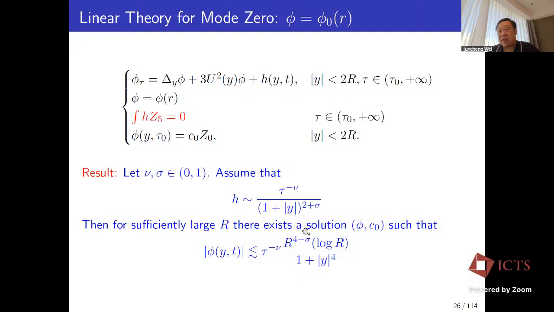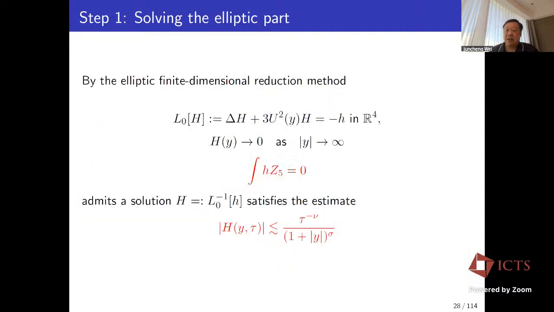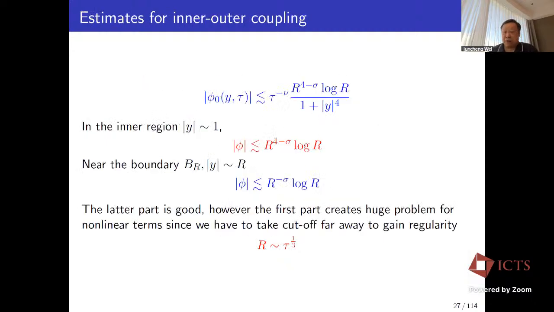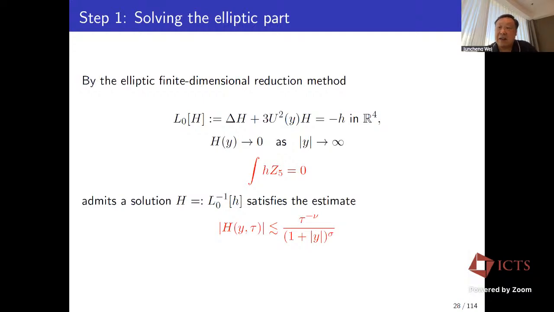The solution we get is large, like R to the 4, in the interior, but decays near the boundary like 1 over R to the sigma. This is the linear theory that we are going to prove now. We are going to do this in 3 steps.